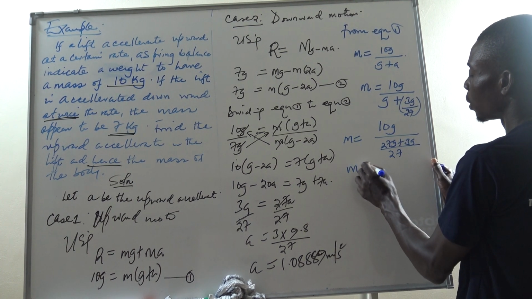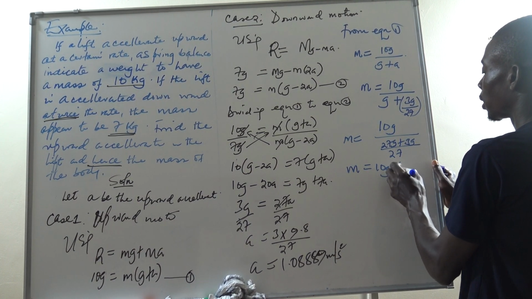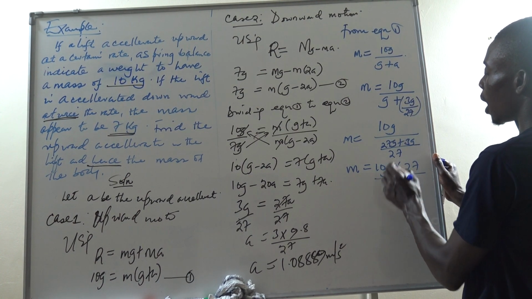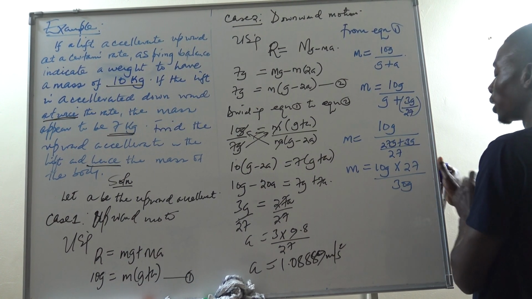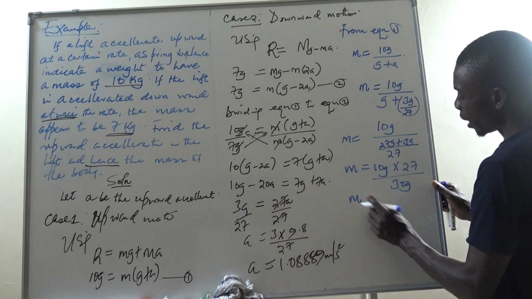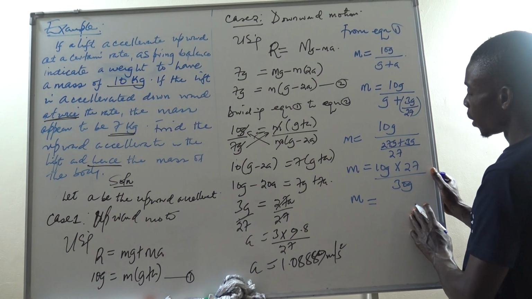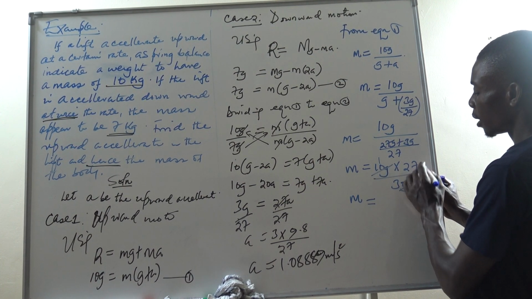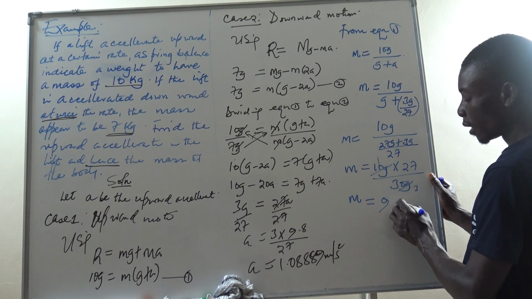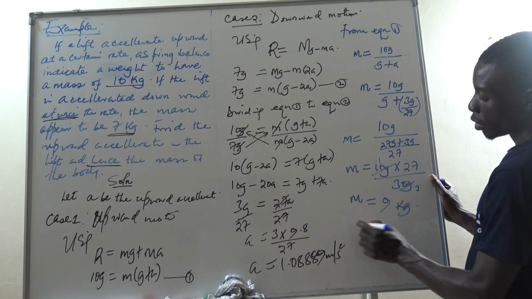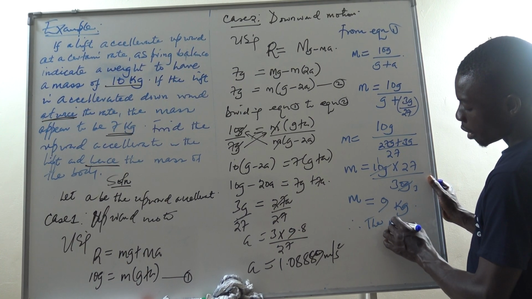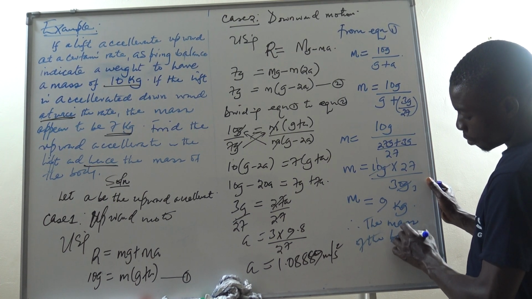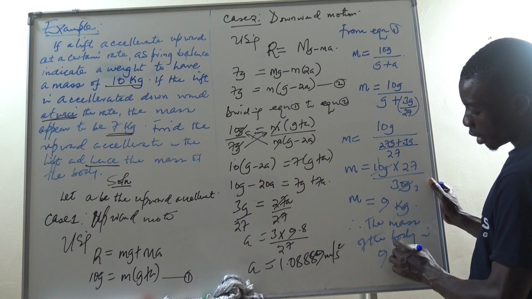So my m equals 10 times 27 out of 30g, and I can reduce this by 3, and that will equal 9 kg. So therefore, the mass of the body is 9 kilograms.